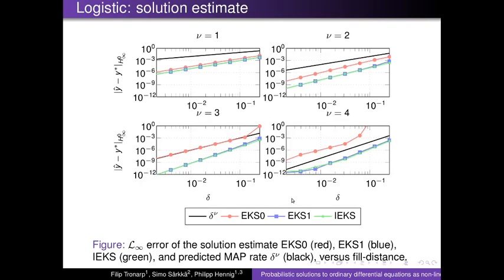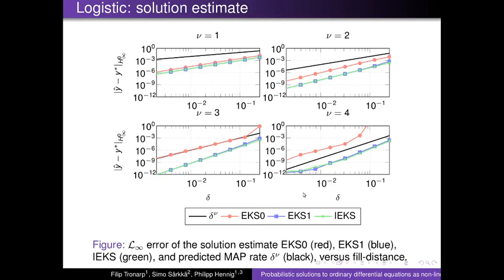And for the logistic equation, it looks like this for our methods. So the green one is the iterated extended Kalman smoother, which should be the MAP estimator, provided that it converges to the global optimum. And this EKS1 is just the first order Taylor method, and EKS0 is the zeroth order.